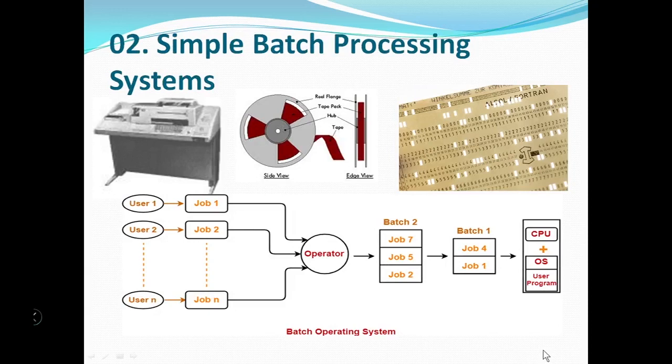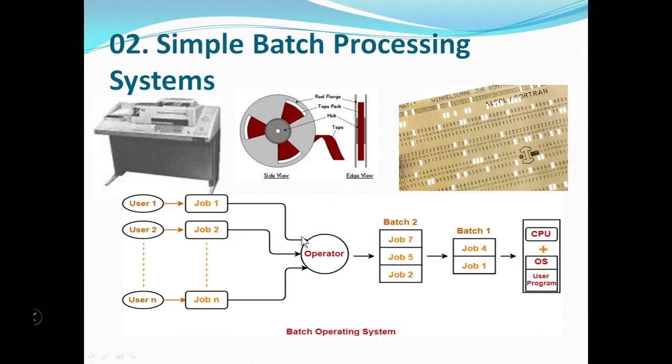To overcome this issue, simple batch processing systems were introduced. Users may have different jobs, so users program those jobs into punch cards or magnetic tapes.